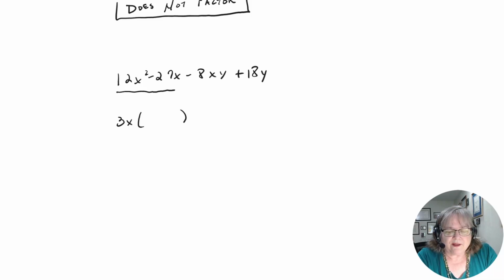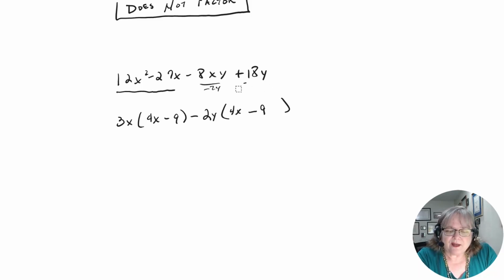And when you divide that out, that would leave you 4x minus 9. We're going to bring out a minus 2y because they're both even. So negative 8xy divided by negative 2y would be a positive 4x. And 18y divided by negative 2y would be a negative 9.